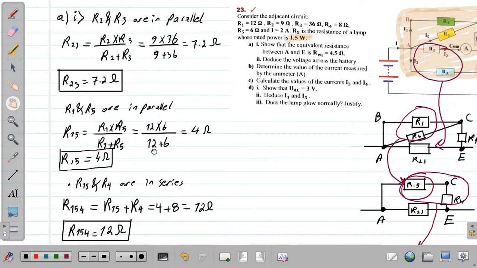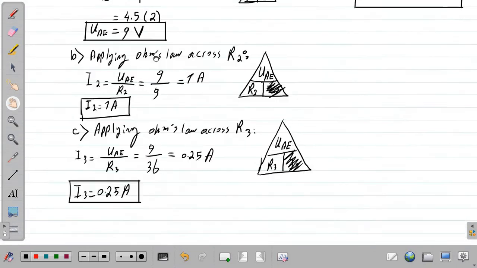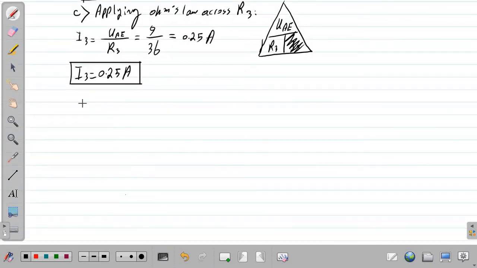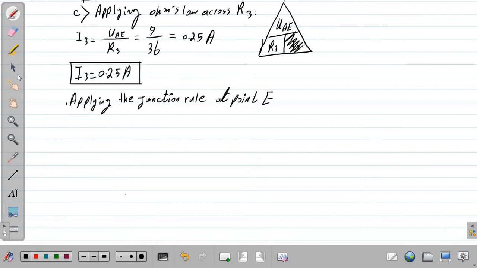So we will write that for question C, applying the junction rule at point E. I will draw the figure.